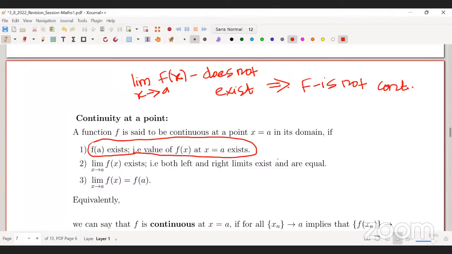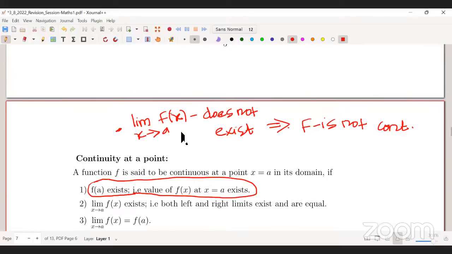Limit exists and limit defined are more or less the same thing, but limit exists and function is defined, these are two different things. So when a function is given and you want to know whether it is continuous at a point or not, let me tell you, I have missed one thing.